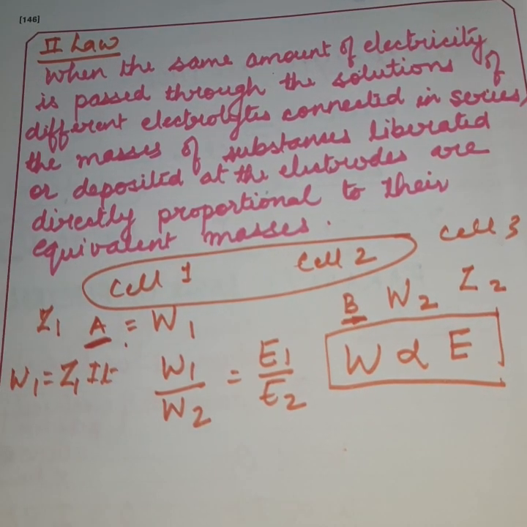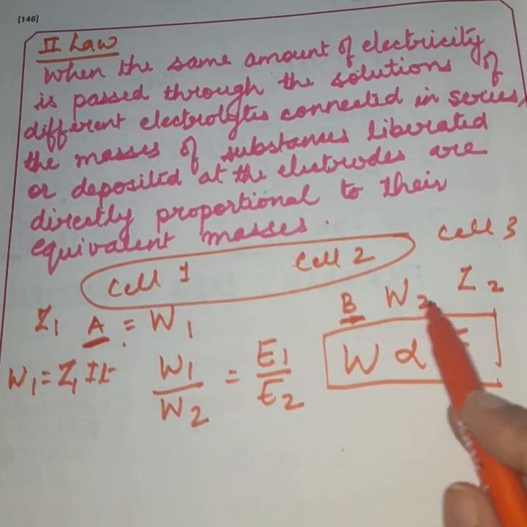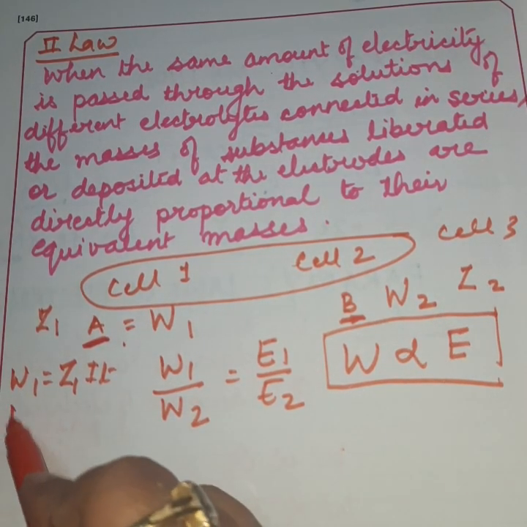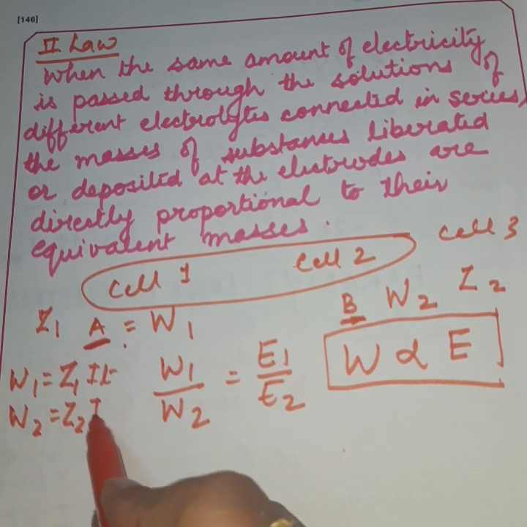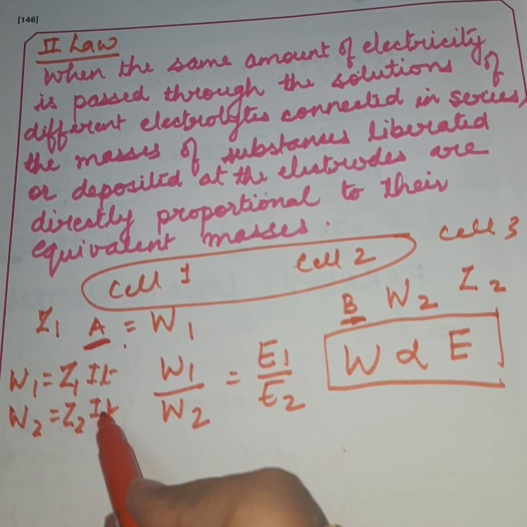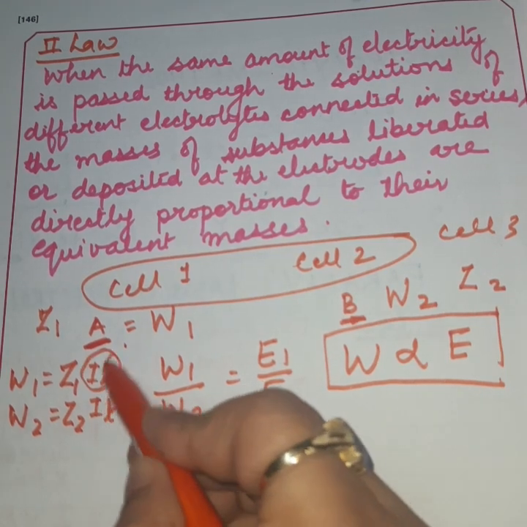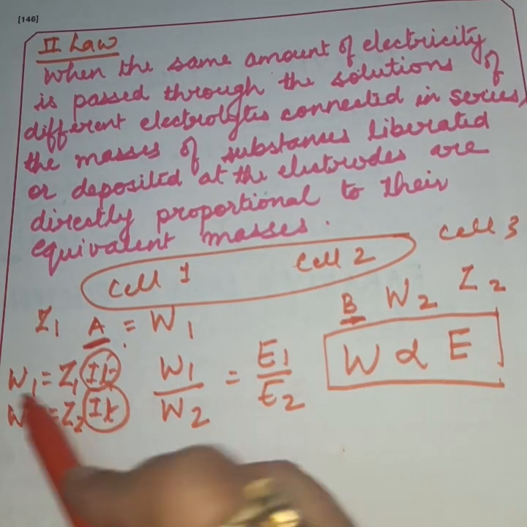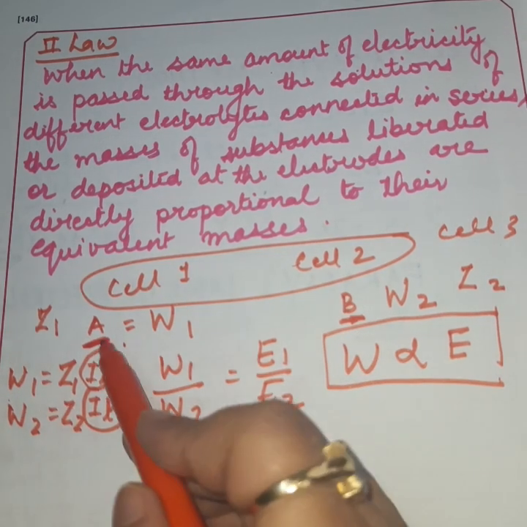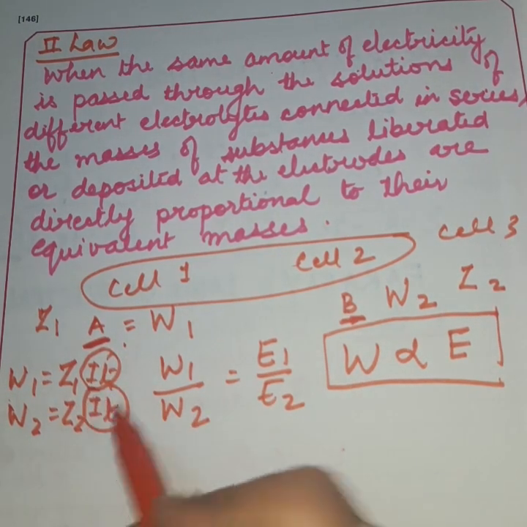For substance B, W2 according to the first law will be equal to Z2 IT. Now IT is the same. Why? Because this is the amount of electricity passed through the solution, so that amount is the same. That's the reason for both substances A and B, this IT value will be the same.